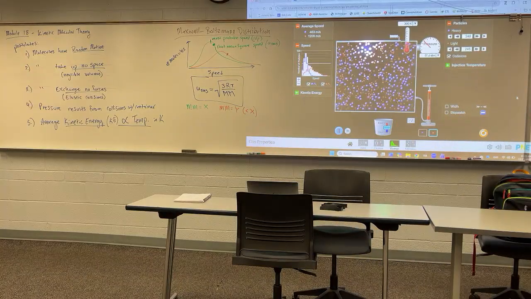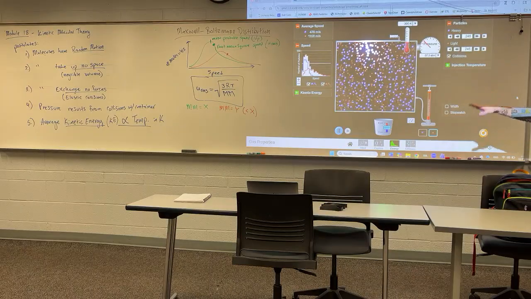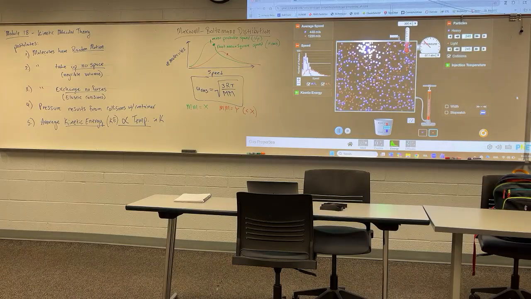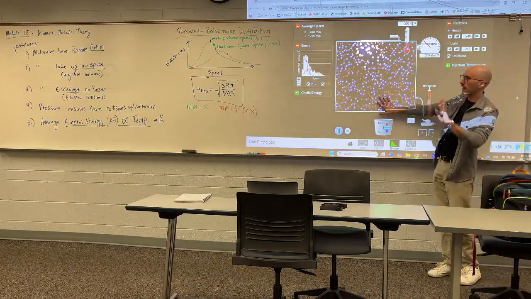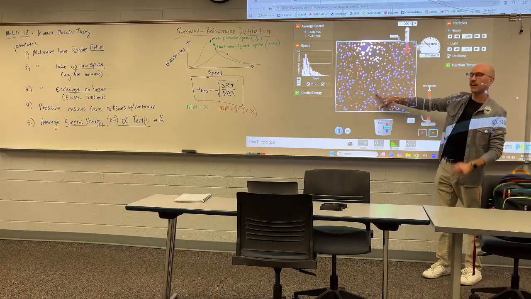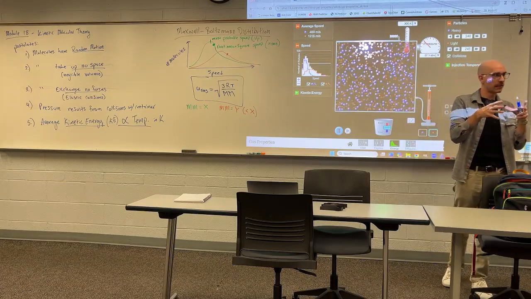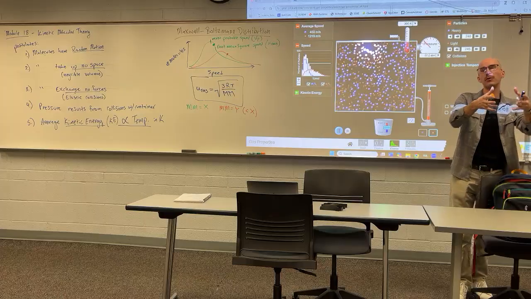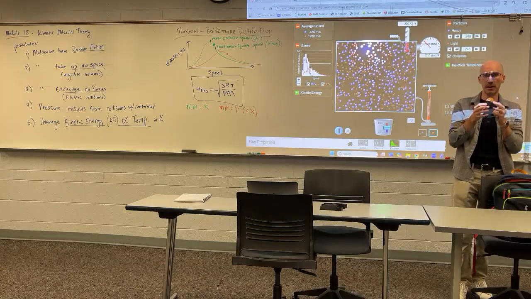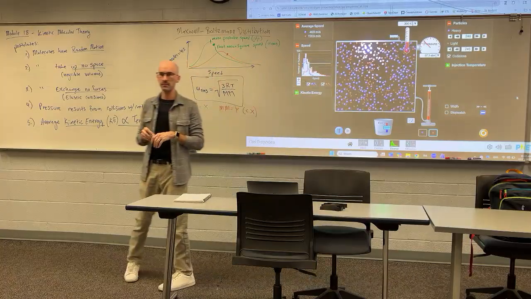A heavier one takes more energy to move around. They'll have the same kinetic energy, but they'll have different speeds. To take the same amount of kinetic energy and move a heavy thing means it's going to move slower. But that same amount of energy to move a light thing means it moves faster.